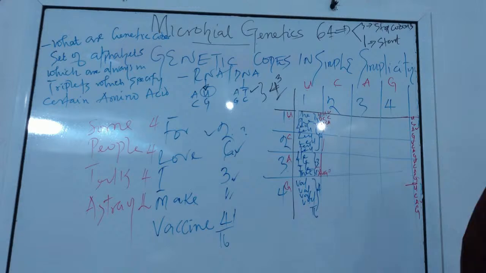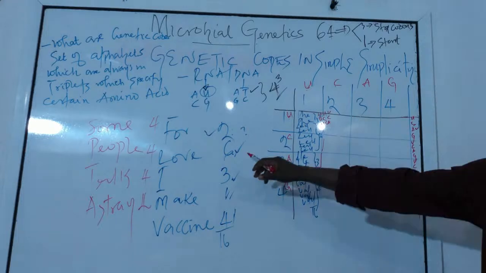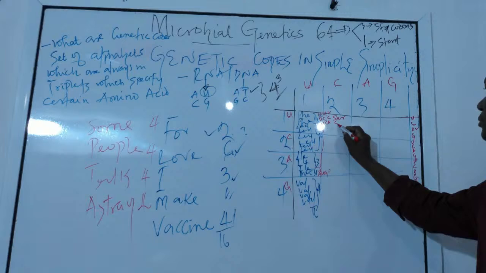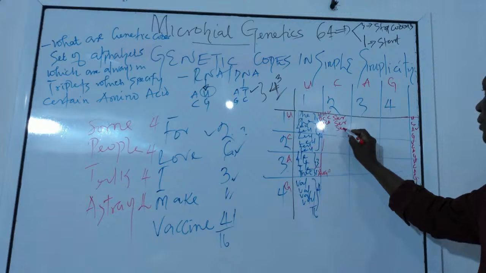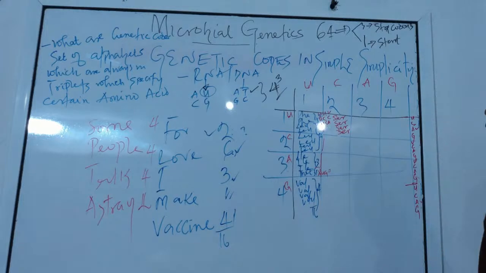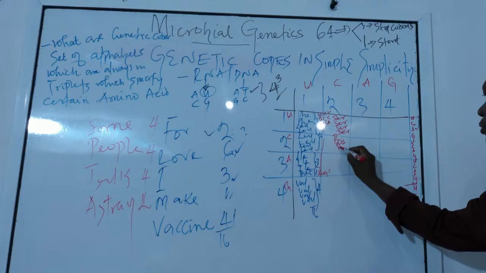So the first one, which is some, is serine. The amino acid serine is going to be 4, followed by people, which is going to be proline, PRO, also going to be 4.